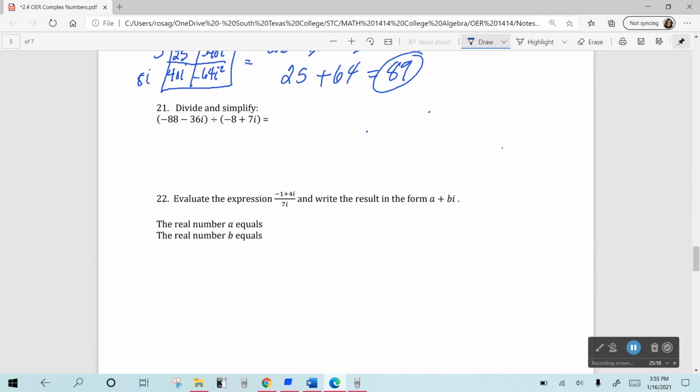Okay, this one is division. Now on division, it's going to be a little bit different than the simple divide that we know how to do. So I'm going to set it up here as a fraction. Like that. Now, what you're going to do is multiply by the conjugate of the bottom.